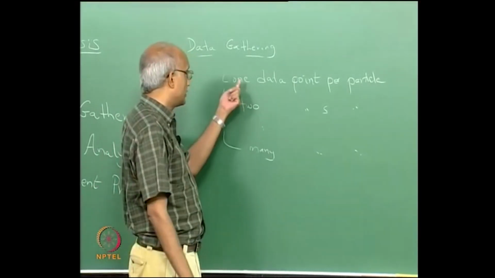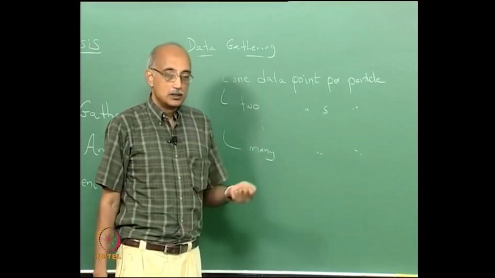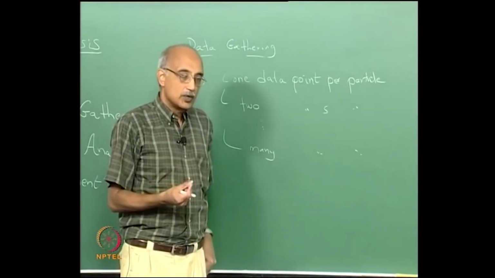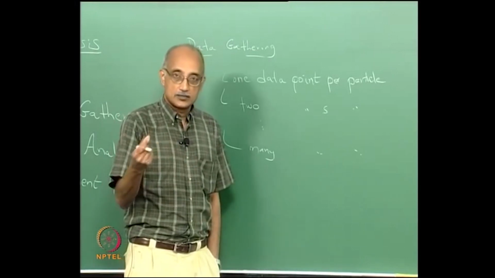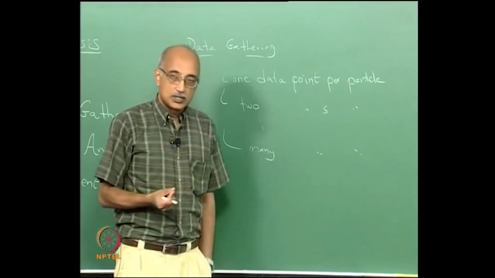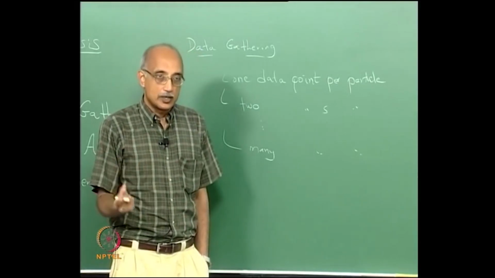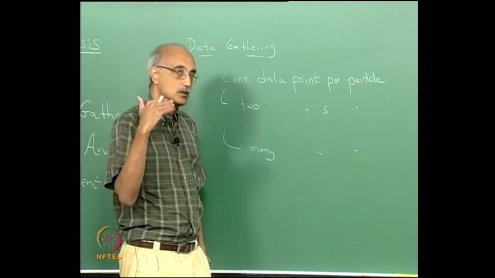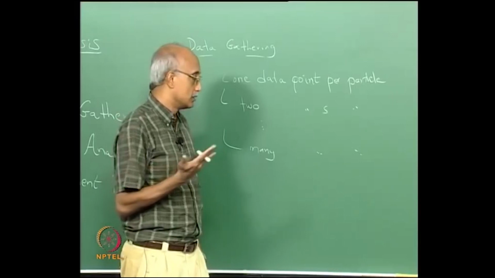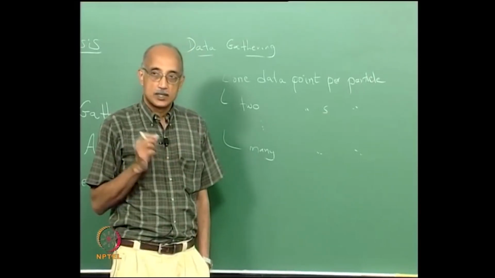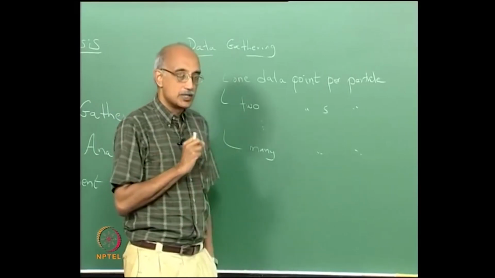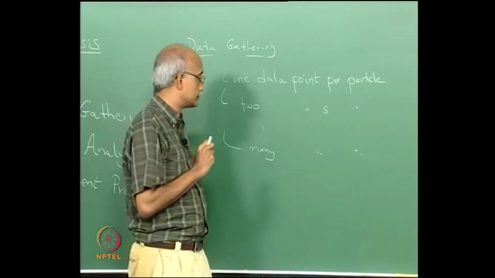So for the same particle where you can take 1 or 2, you could take 1,000,000 data points on the same particle. Of course, the more data points that you take, the more data there is for you to analyze. But again, you have to exercise caution in terms of not wasting your effort. You always have to think about, is this enough? You are not doing this just for the fun of it. You are doing it for a very specific purpose, and as long as you have that purpose in mind, you can decide how much data is adequate.